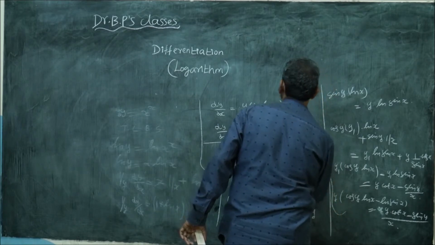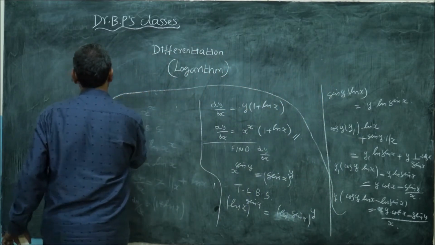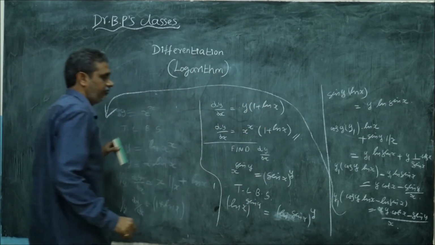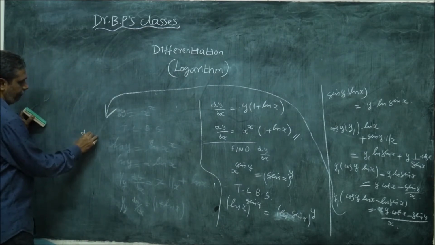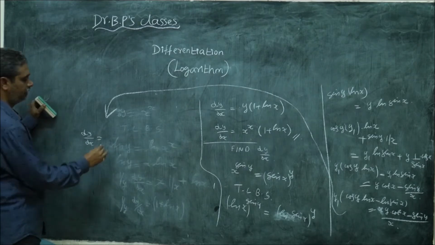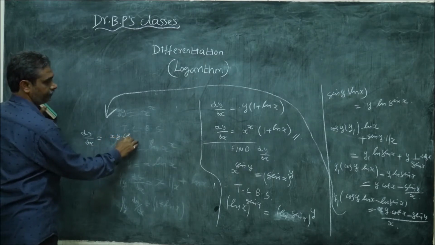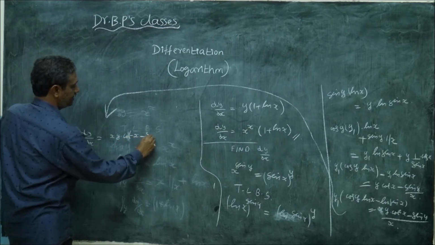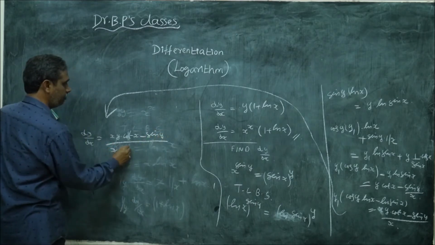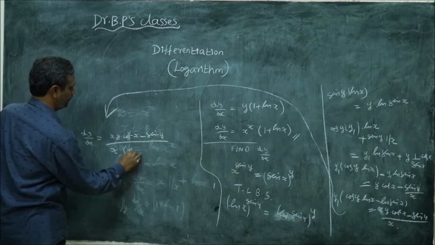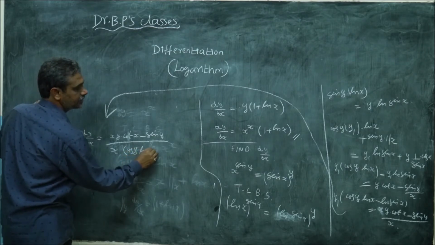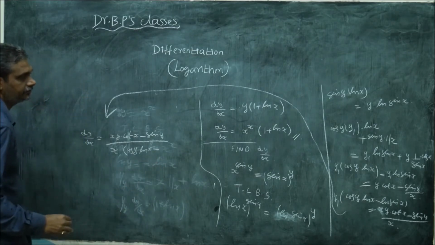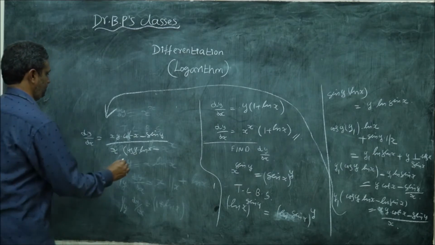So y1, which is nothing but dy by dx, is equal to xy cot x minus sin y by x, divided by cos y log x minus log sin x.